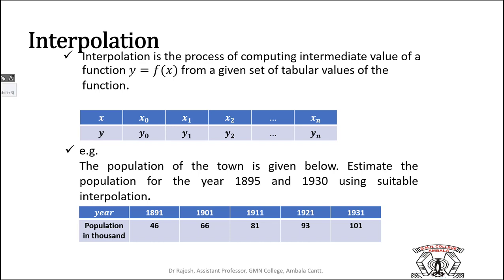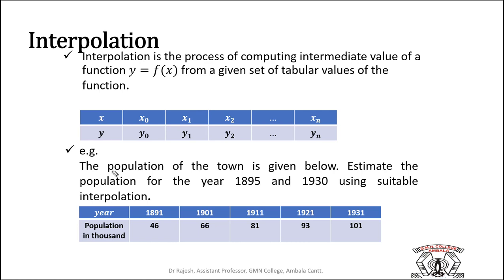Intermediate means the value in between any of them, between x0, x1, x2, or between any number. At any point we find the value of the function at that point, then that process is called interpolation.